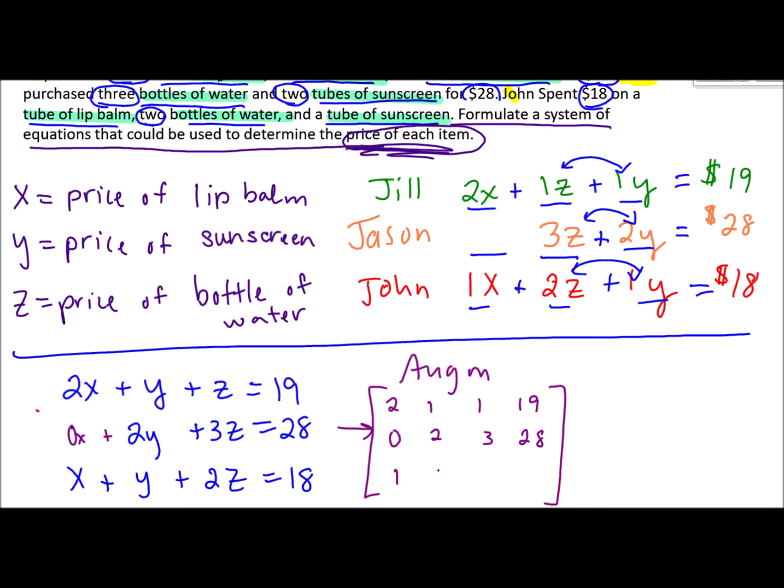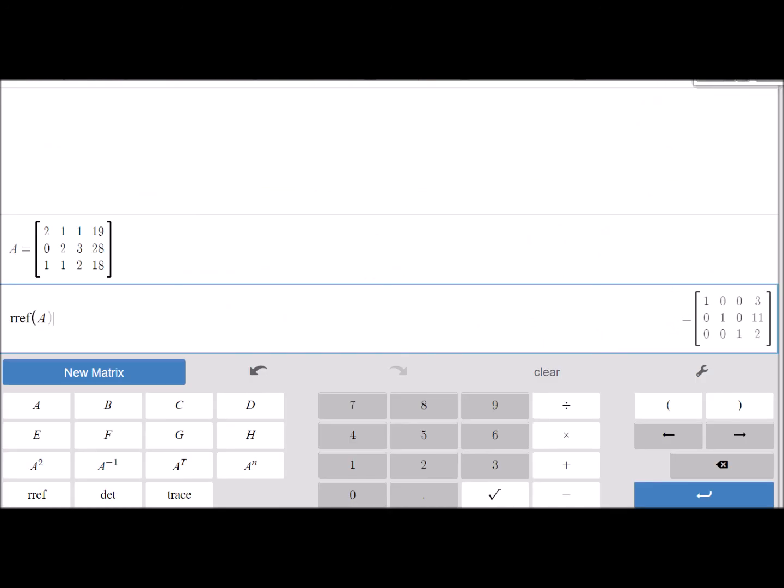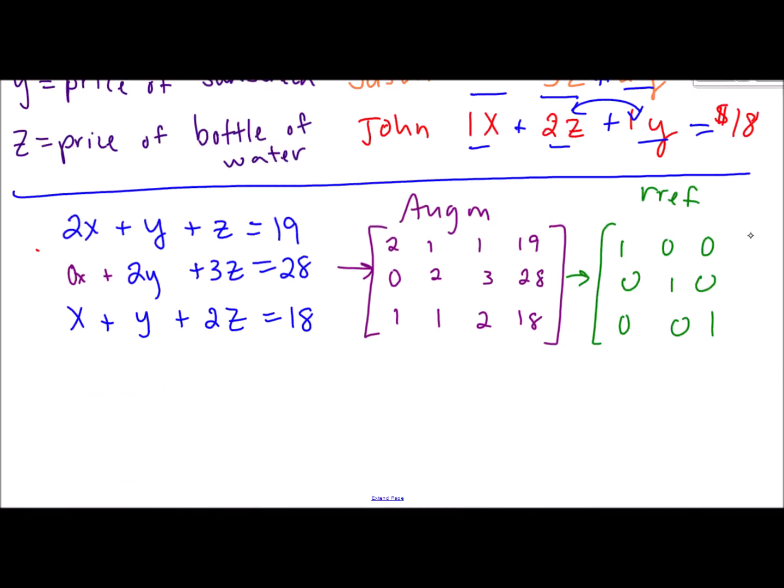Last row is 1, 1, 2, and 18. Okay, did the calculator, and we got our RREF, which we got all our 1s and 0s. And then Desmos matrix says that it's 3, 11, and 2.